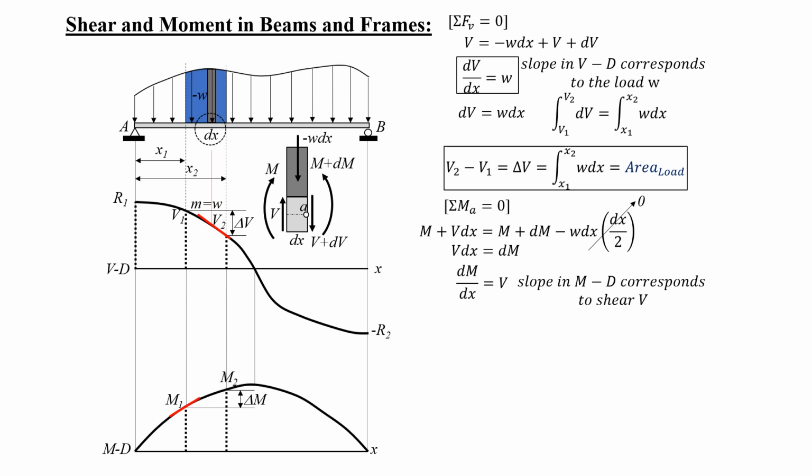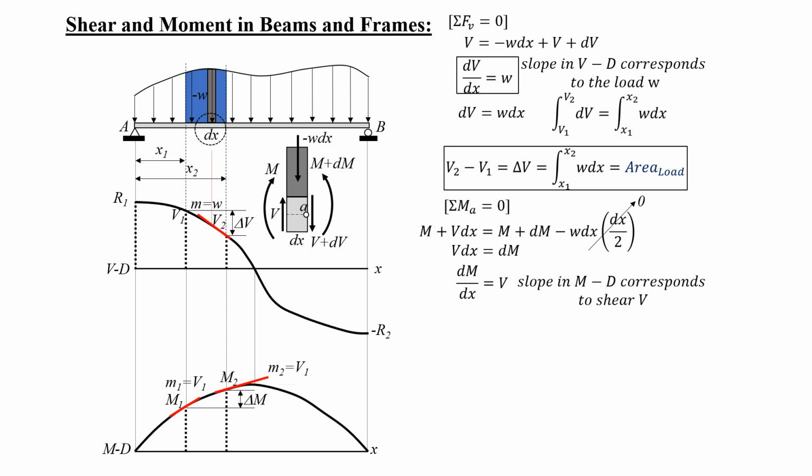Or dM/dx is equal to shear. Meaning, the derivative of moment with respect to x is interpreted as the slope of the tangent to the moment curve, which corresponds to the shear above.